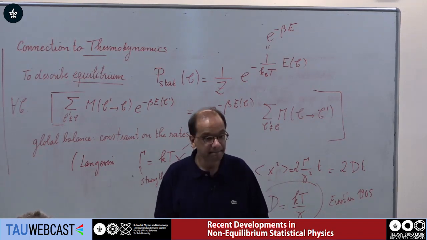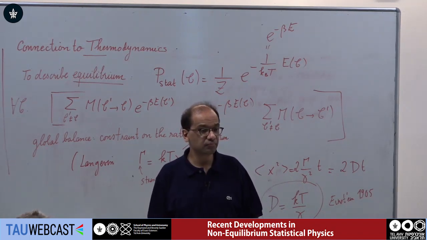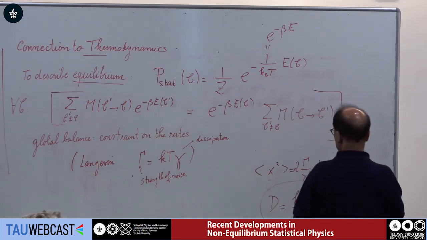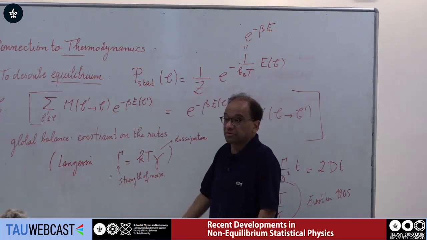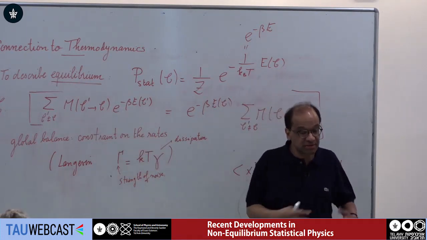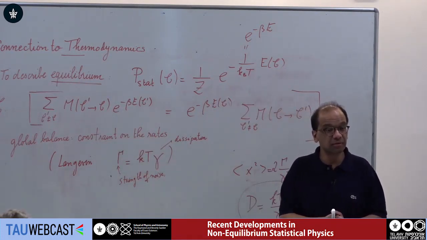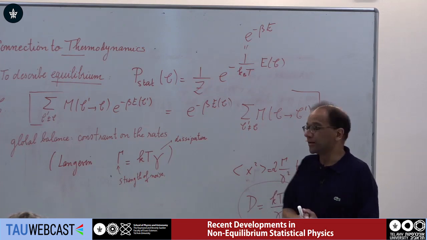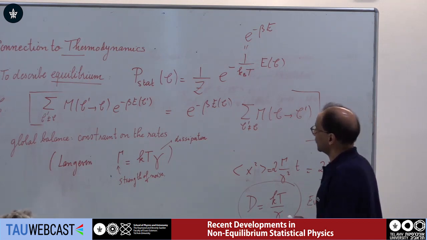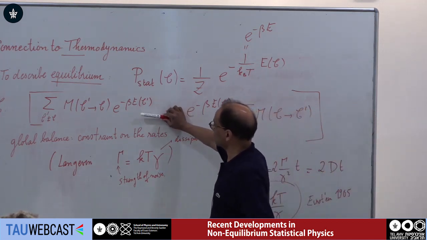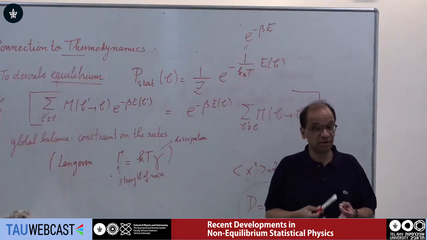Is there an analogy to the Einstein relation in the discrete case? Yes, it's exactly the same thing. If you just discretize, for example, the Langevin equation, you get a discrete version. But I'm asking, what would be the analogy of the strength of the noise? Okay, I will have to think about it. In fact, this equation is the analogue of Fokker-Planck, so there is no noise apparent in it.